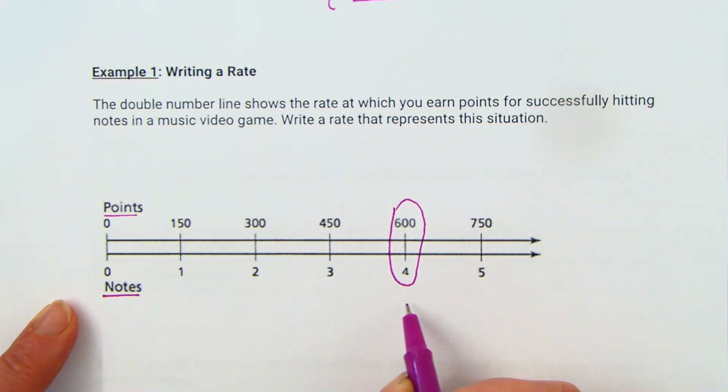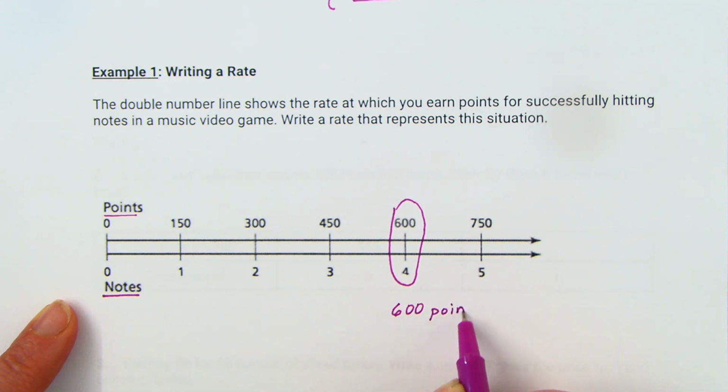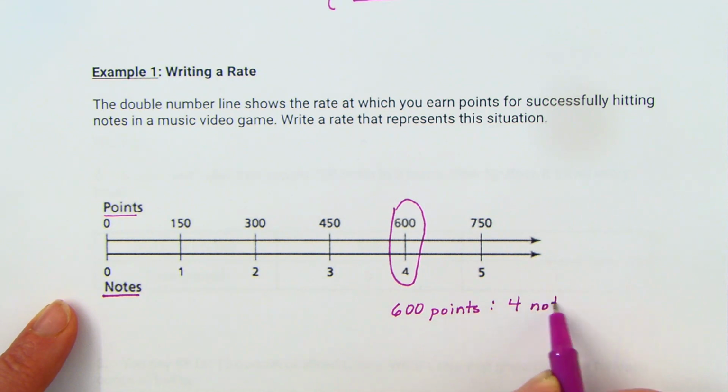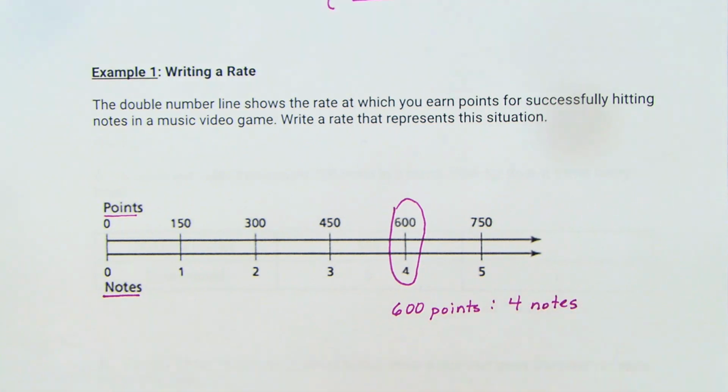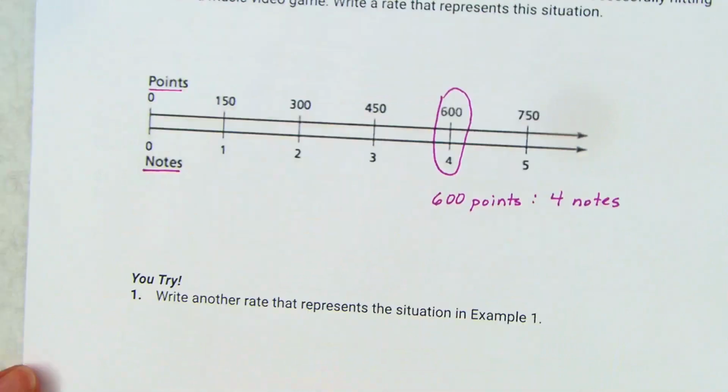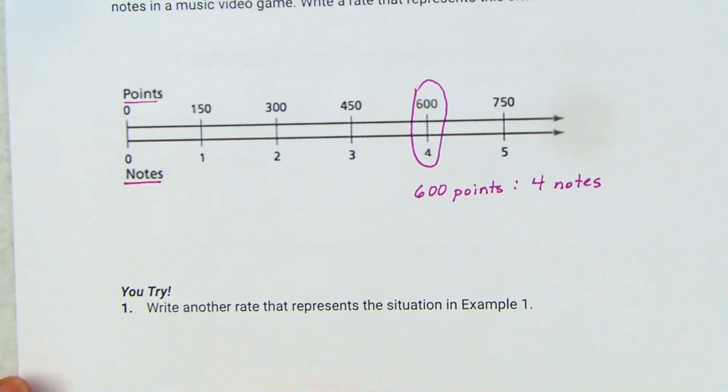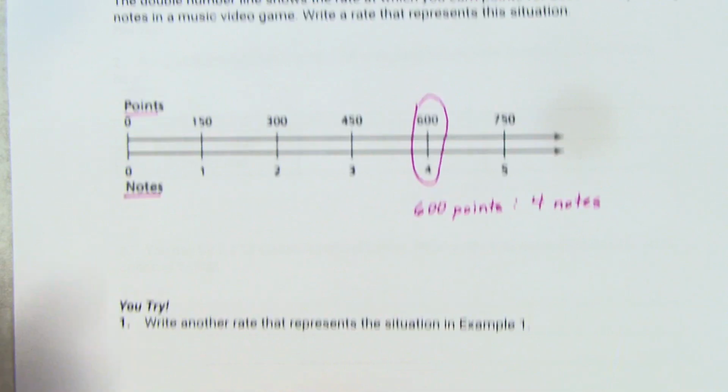Right here, a rate would be 600 points to 4 notes. All right. And there are lots of different rates you can see on here, right? Here's a rate, here's a rate, here's a rate, here's a rate. So for the you try, you just have to write another rate that represents that situation.